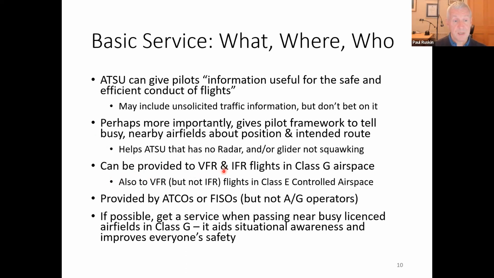So that's us. We are typically VFR and we're typically in Class G. And people in Class E controlled airspace can get it as well. That's a thing that's more likely up in Scotland. It can be provided by air traffic control officers or FISOs, but not by air ground operators.